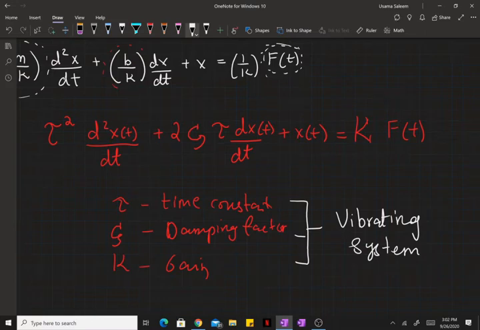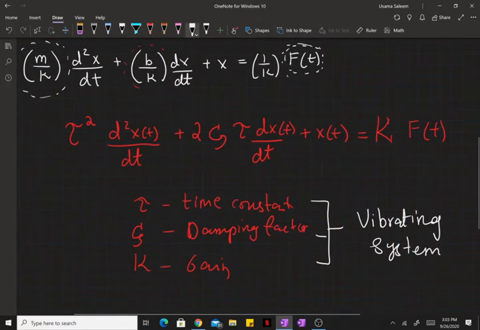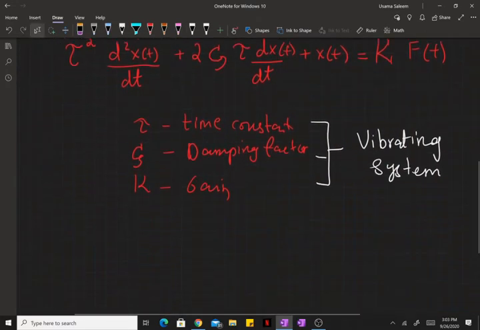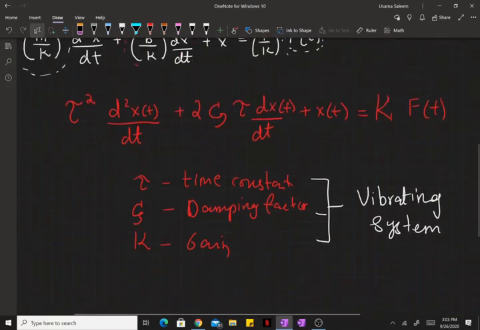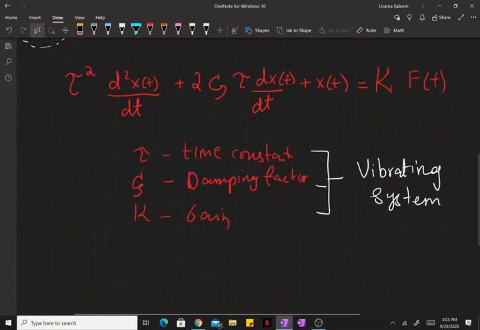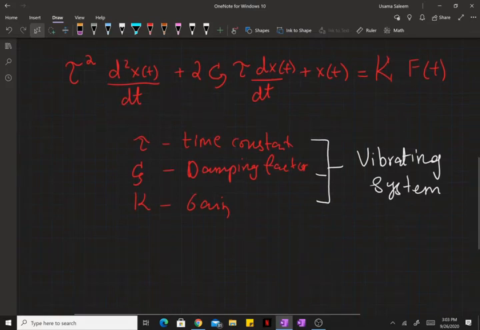From basic intuition, even if somebody has never studied vibration theory, they know that if they pull a mass, they're going to have an oscillatory response, and eventually that response is going to damp out, and the harder they push it, the more aggressive the oscillation is going to be. That's how second order models are generally characterized.